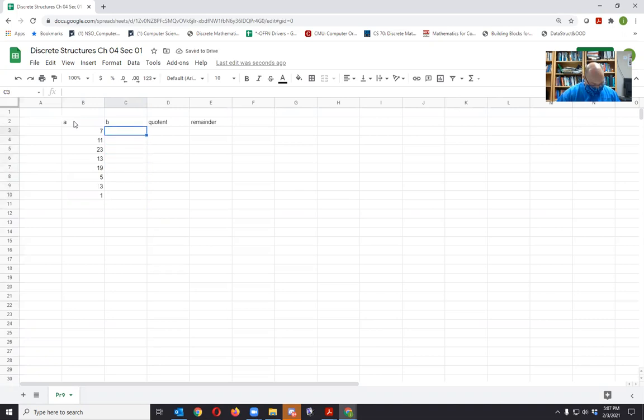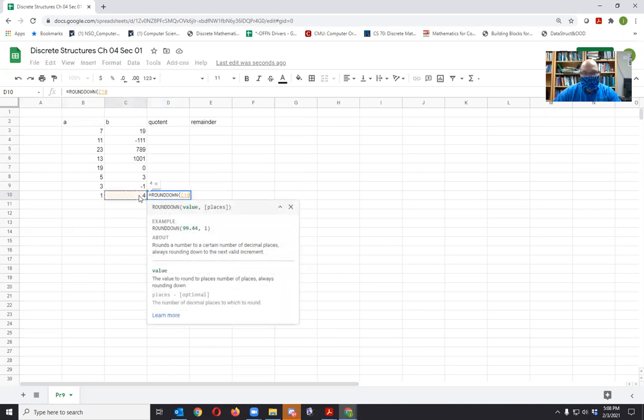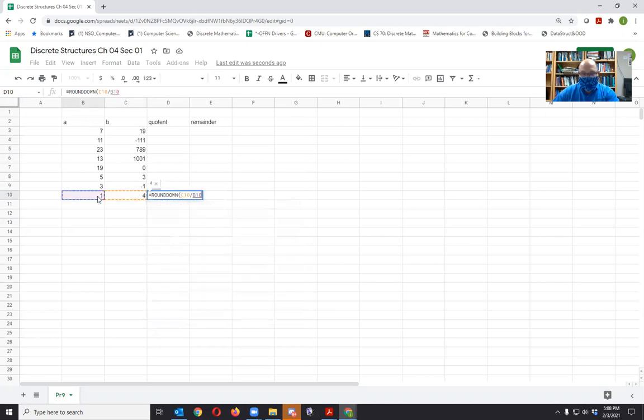And so 7 was going into 19, negative 111, 789, 1001, 0, 3, negative 1, and 4. Okay, so the quotient equals round down, I think, and it's going to be this divided by this.